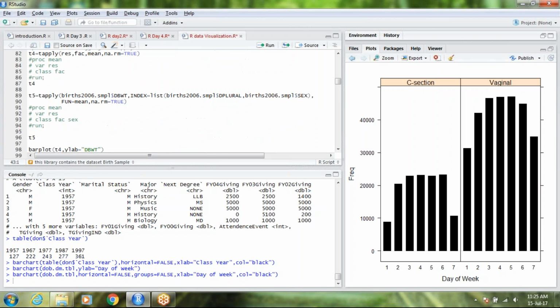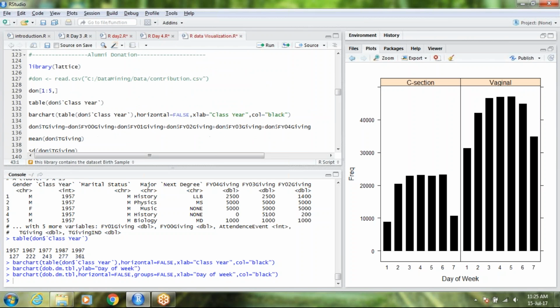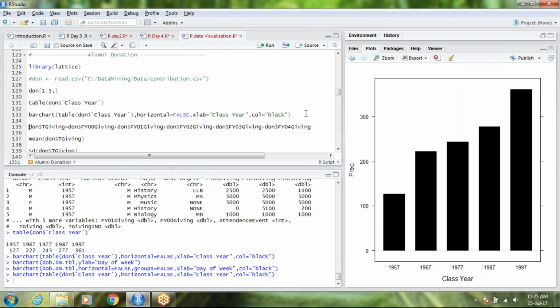By default, horizontal is true. So if you make it horizontal equal to false, only then it will provide you the figure in a vertical format like this. So the number of people that I have from 1957 is less, then it increases with every passing year, every passing decade, I would say.